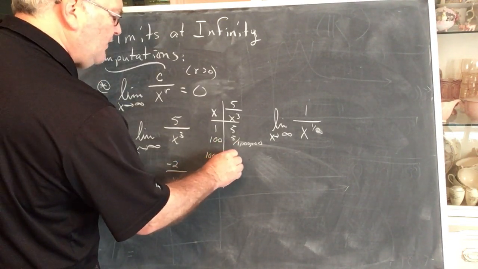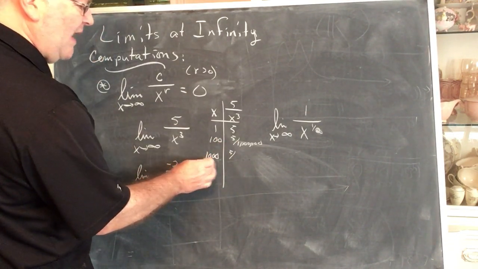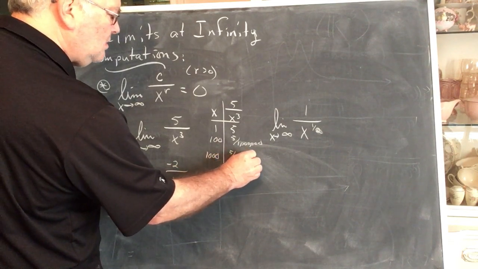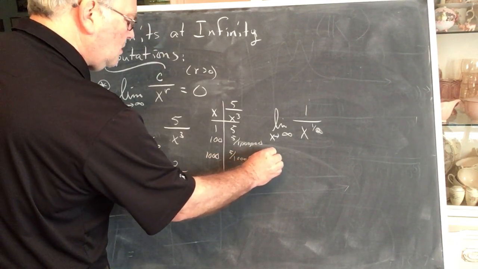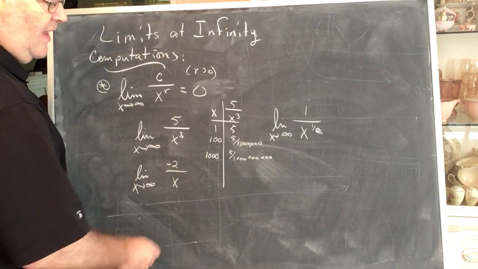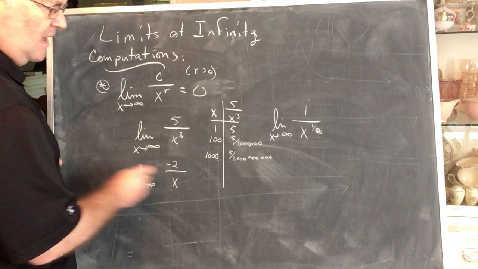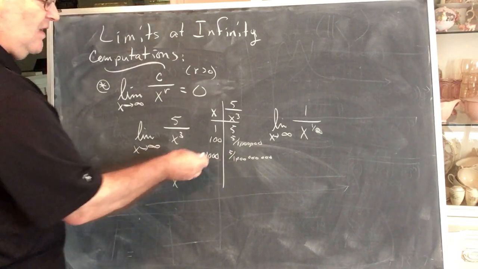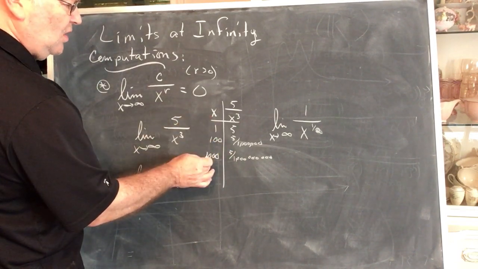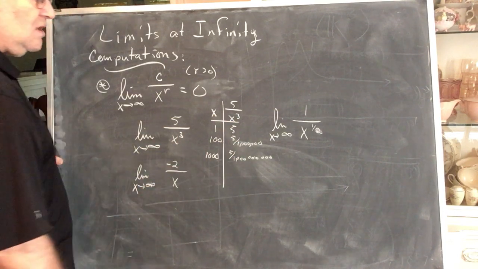Take 1,000: this would be 5 over 1,000 to the third power. And so that is what? What is that? 1 billion? Yes. And so we can see that as the x value gets larger and larger, this quantity gets smaller and smaller.